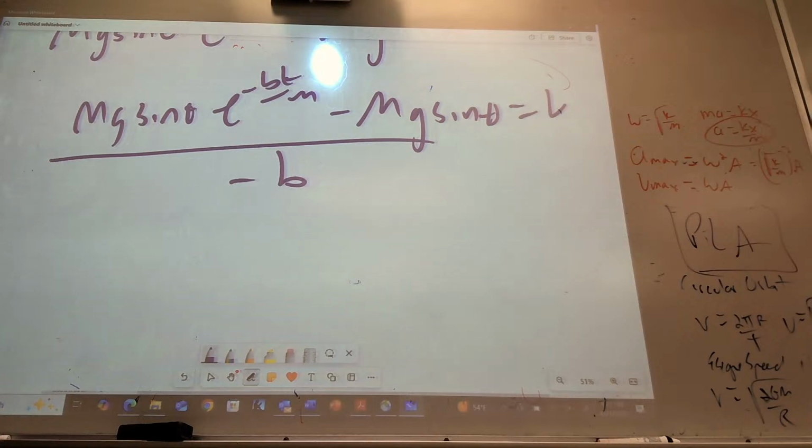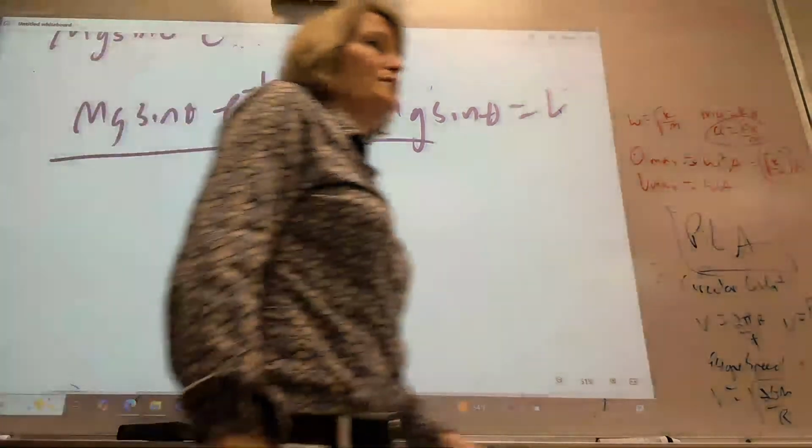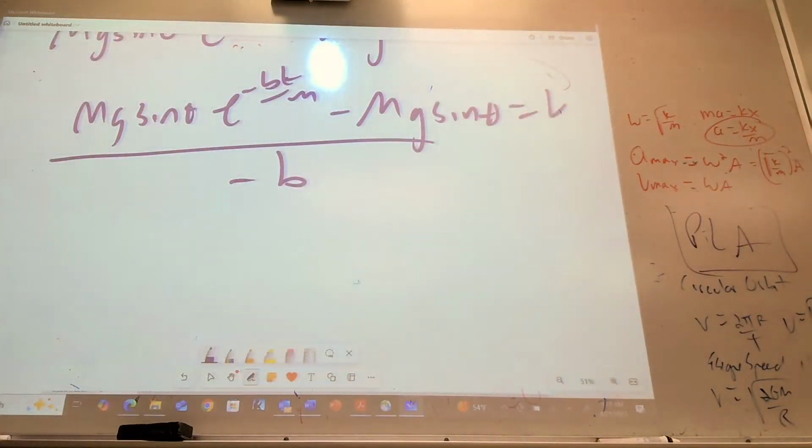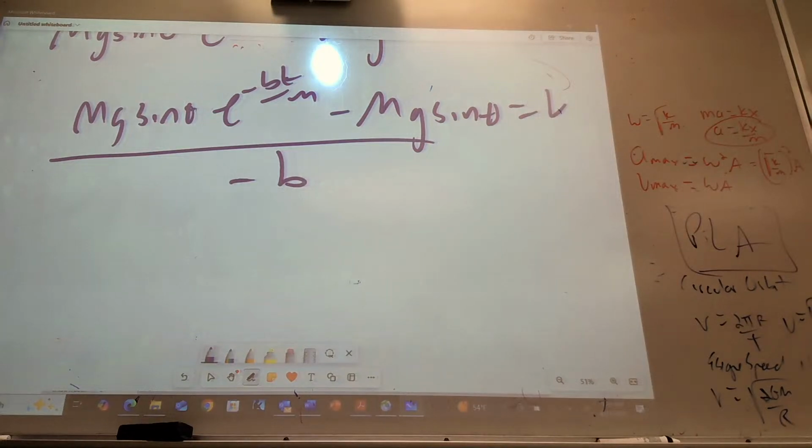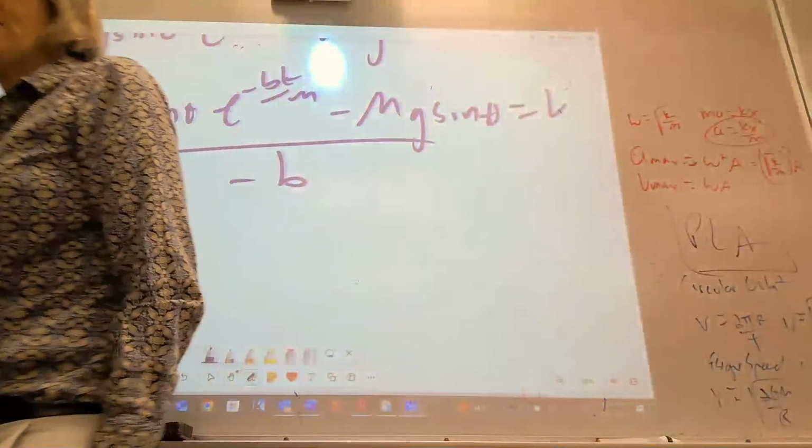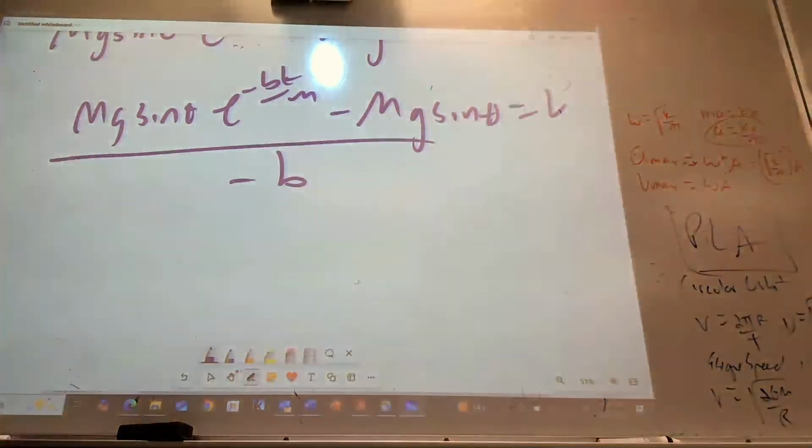Show me if you have your final. So be sure you know in your notes where this is, because the next time I'm not going to walk you through it. You're just going to look in your notes. So your greatest common factor is mg sine theta divided by b. You distribute that negative.